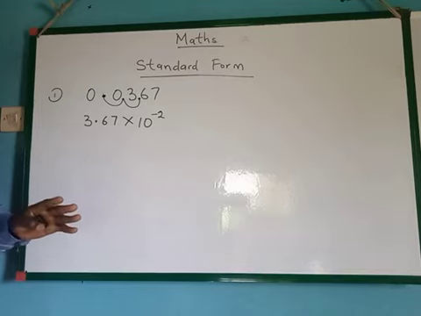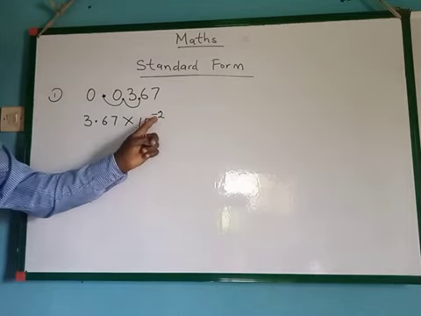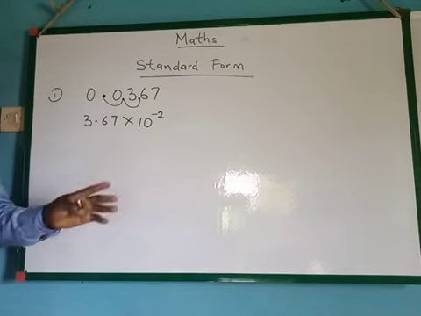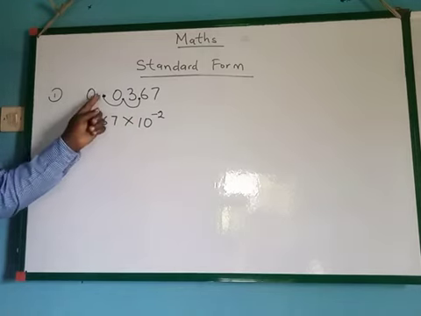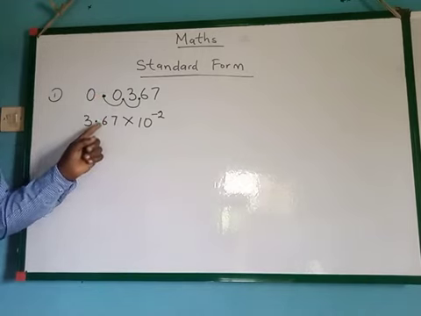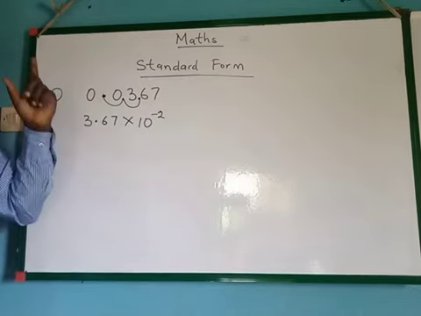If the value is greater than 10, the power is positive. But if the value is less than 1, the power will be negative. In other words, when you move the decimal point from the left to the right to make the number a standard number, it becomes negative. If you move it from the right to the left, it becomes positive.